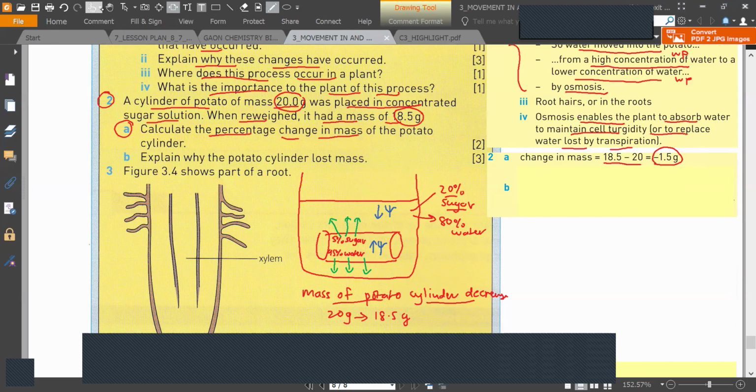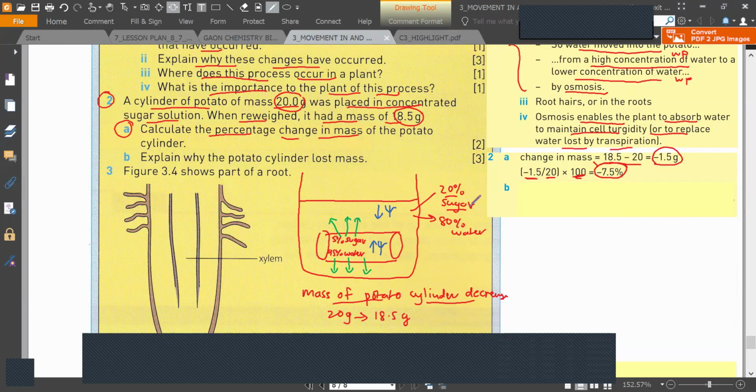Then we calculate the percentage. At first it is 20 grams, decreased by 1.5 grams, multiply by 100%. So we end up with a decrease of 7.5%. This is how we calculate. If the mass decreases, our answer is negative. If the mass increases, our answer is positive.